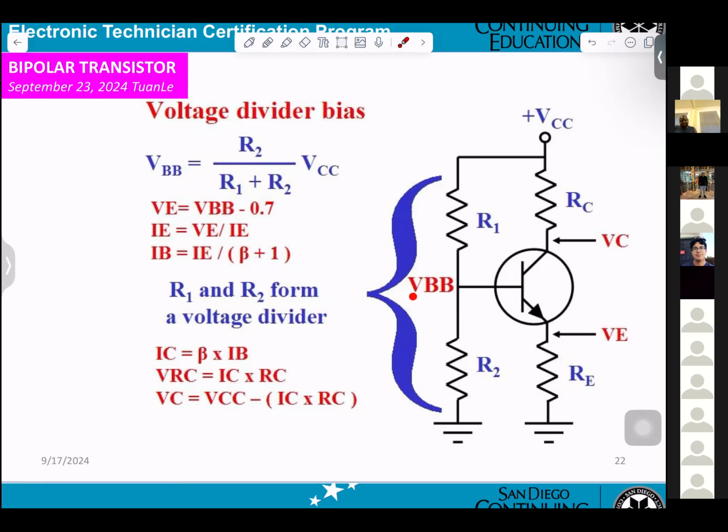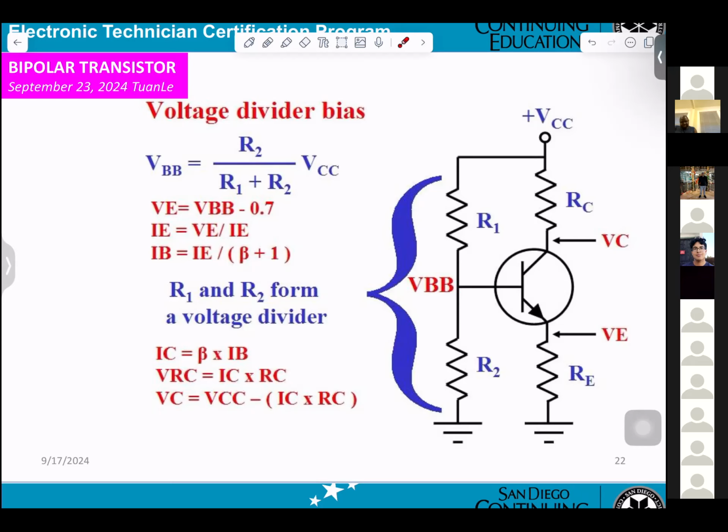A power supply costs more, like if you're using VBB, then they use R1, R2. You have a VCC, and they can use the voltage divider to calculate the VBB, substituting for another power supply here.